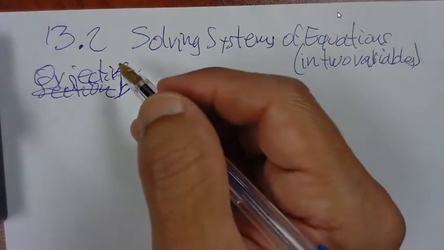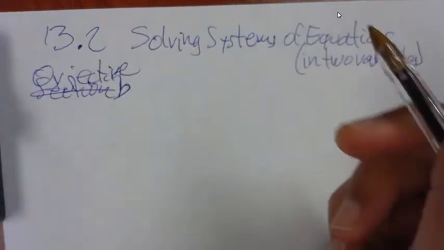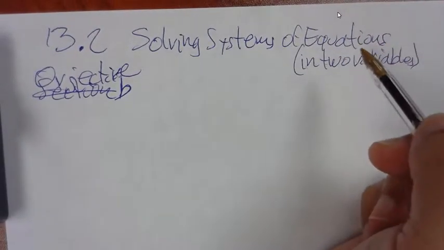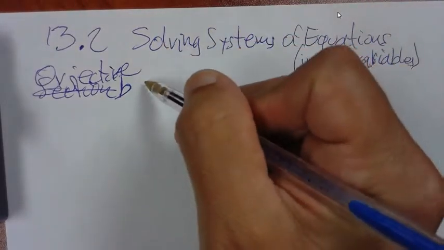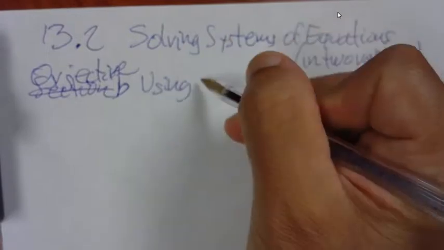In section B, we need to solve for x, and we are using again the substitution method.